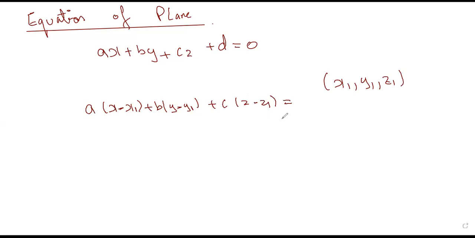Okay, now basically we have these two ways of writing down the equation of a plane. This is 1 and this is 2 and they are linked. Okay, n is basically (a, b, c), ai plus bj plus ck.